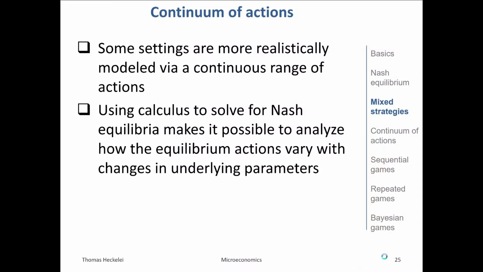Okay, here is another type of game that we look at this week. So in reality, it's not always the case that we only have a few possible options or strategies which each player could choose. Rather, the decision involves a range of values for certain objects.